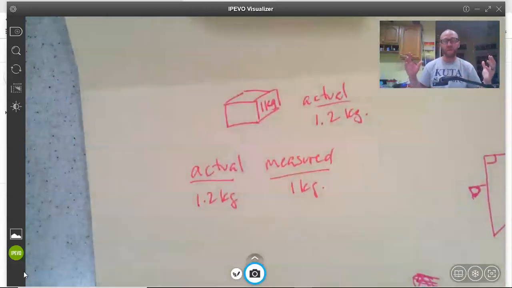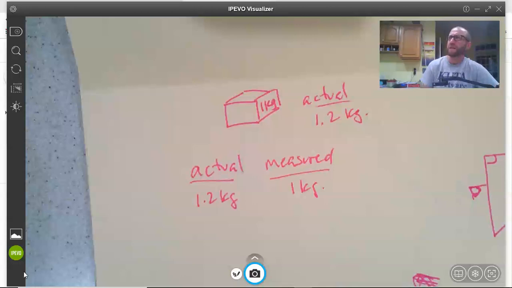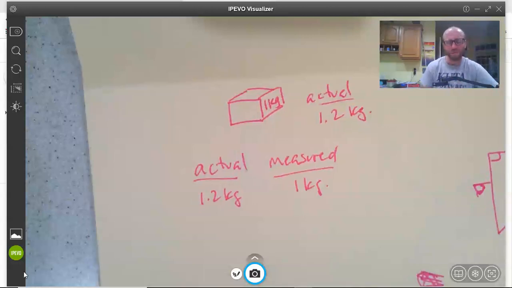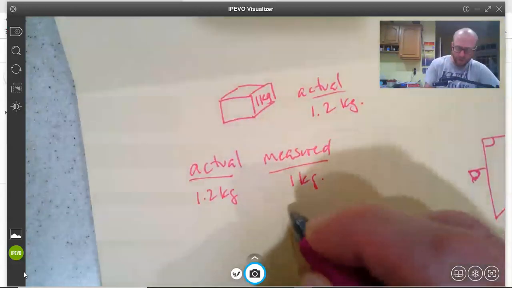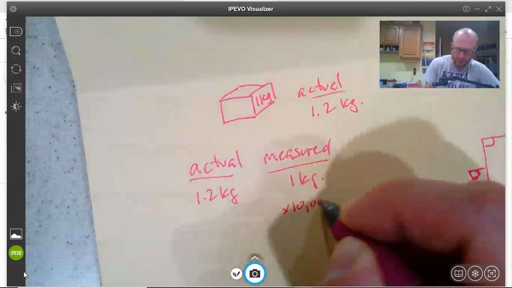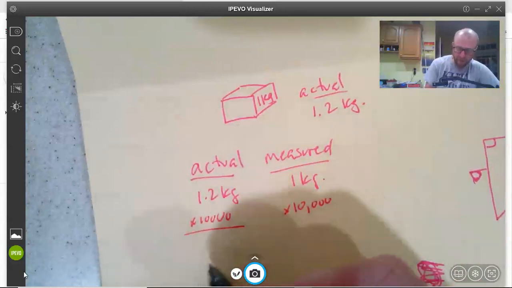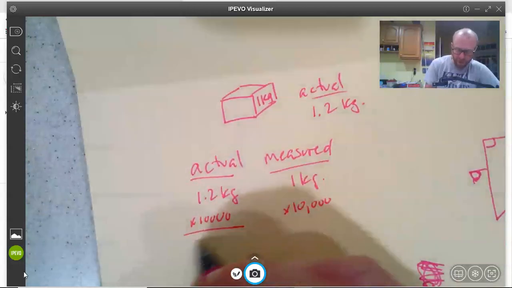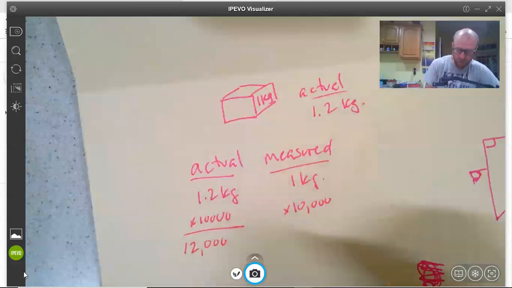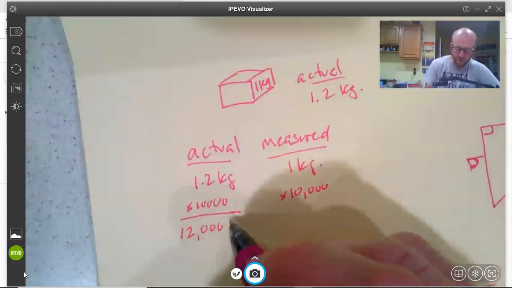Now let's imagine I'm going to pack, say, 10,000 of these boxes into the airplane. I think that's a reasonable amount of weight to put on an airplane. So if I go times 10,000, I get 12,000 kilograms.